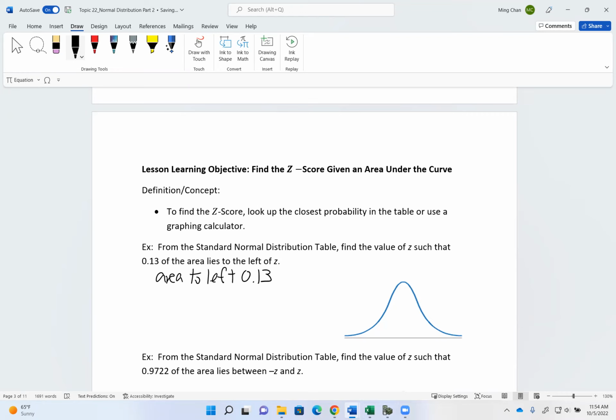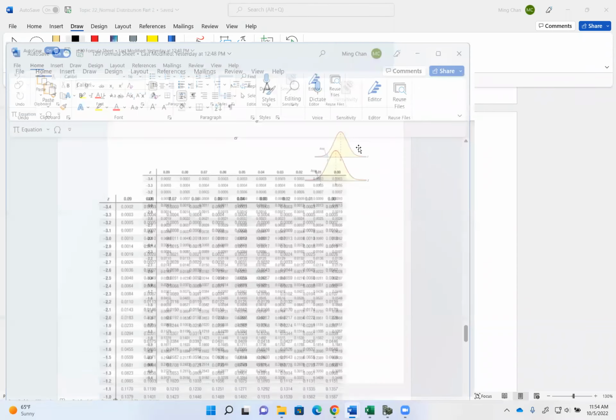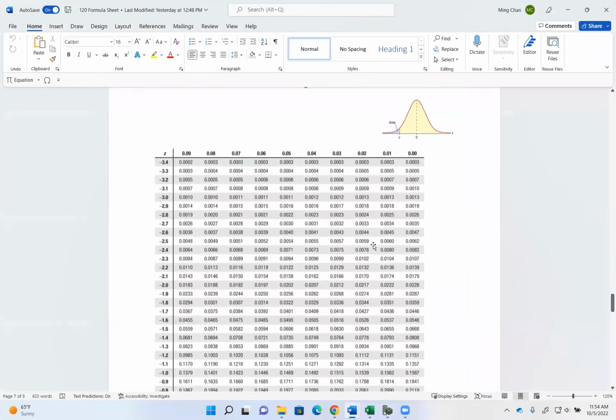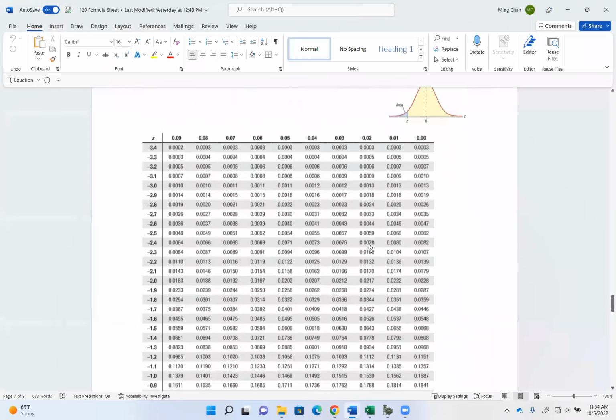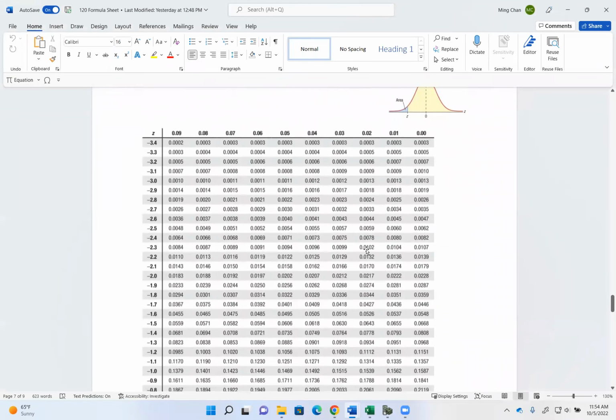So on the table, I'm going to look for the area to the left, 0.13. If you look on the negative side, this is very negative, right? So let's find 0.1 first.